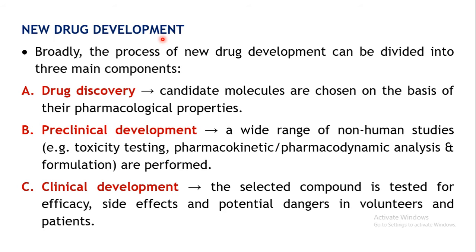Basically there are three main components of this process of new drug development. You can call it a project, for an individual drug. Likewise there may be several drugs which have to be studied for a particular condition. Supposing you are developing a drug which is supposed to treat, say, diabetes, to bring down the blood glucose level.